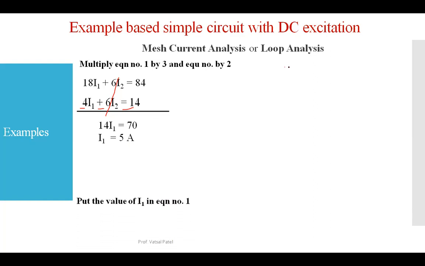We'll put the value of current I1 into equation number 1. You can also select equation number 2, that is not a problem. In either equation 1 or 2 you can put the value of current I1.